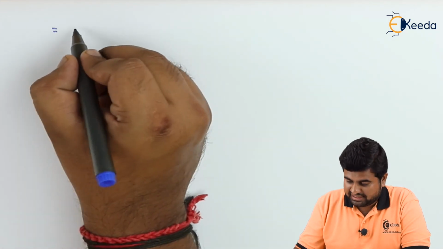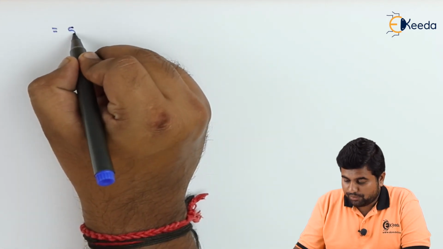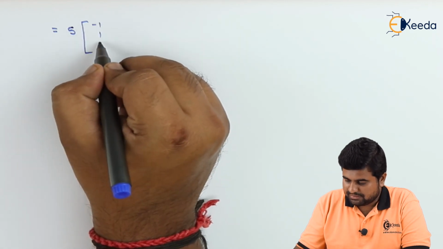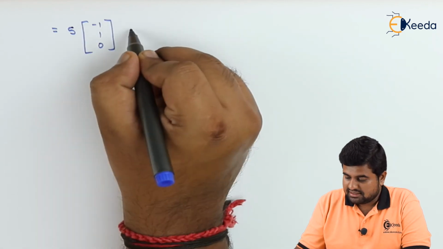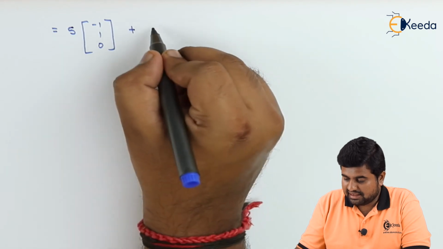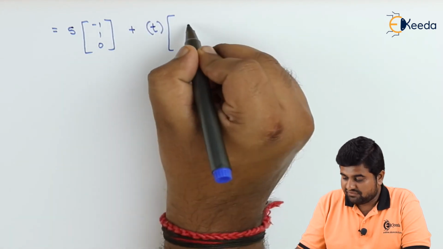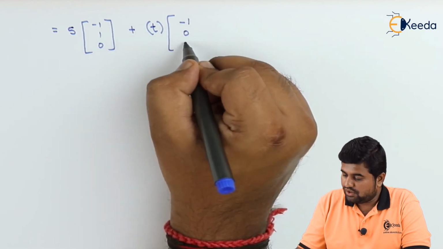I am going to take s common, so I'll have minus 1, 1, 0, and here I am going to take t common, so I'll have minus 1, 0 and 1.